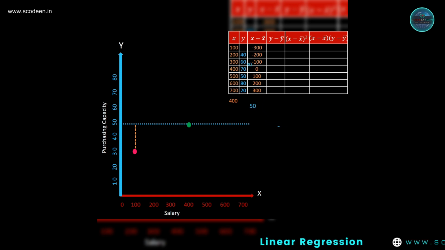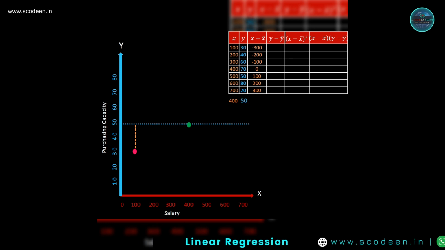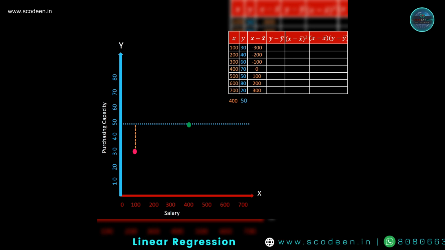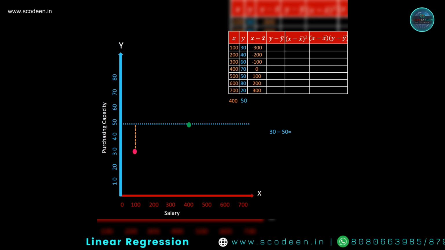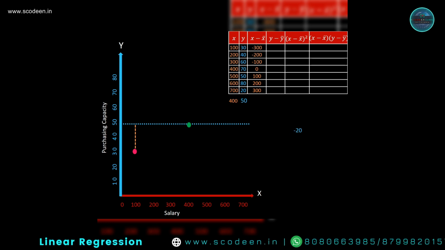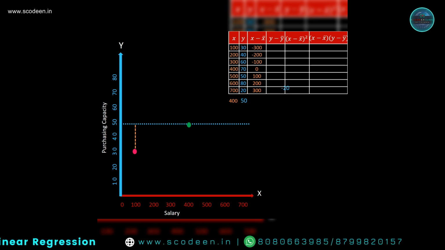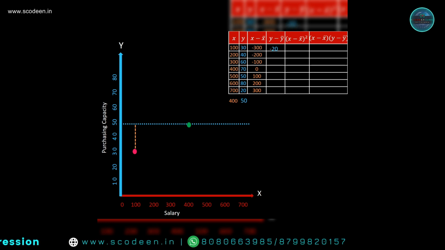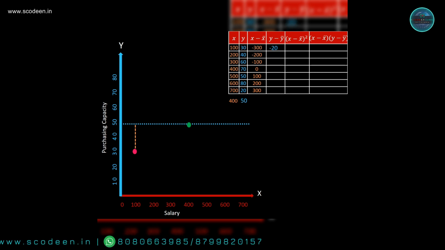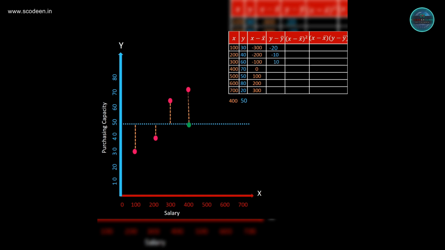So 30 minus 50 is equal to negative 20. So y minus y bar represents the error of the y-axis, that is negative 20. We can use the same method to calculate the error of the y-axis for each and every row.